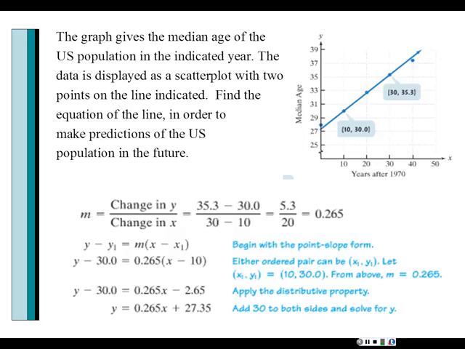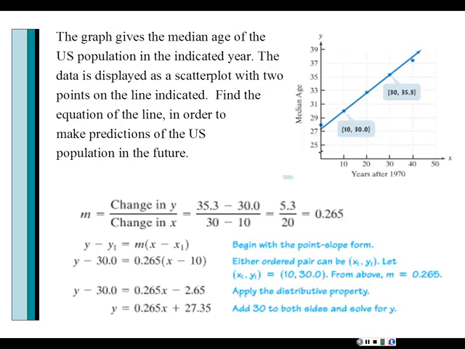Okay. We are just showing a segment of the graph. So 2010 means 40. All you need to do is, in your equation, replace the x by 40, because we want to know what the median age will be in 2010. So replace the x by 40, you will get y, right? And that is the answer. Remember, this is a prediction. A prediction is not real, but people still want to predict what the weather will be tomorrow, something like that.